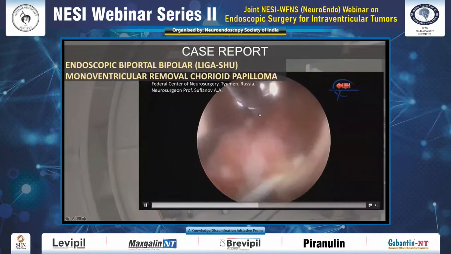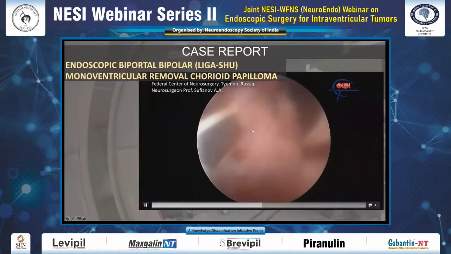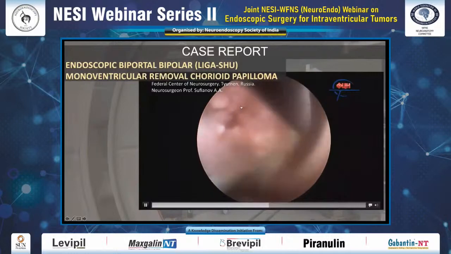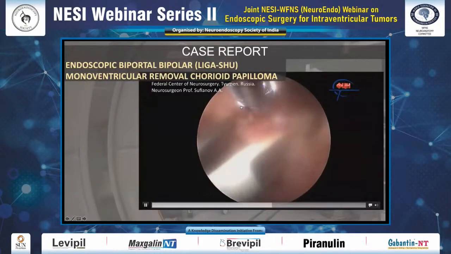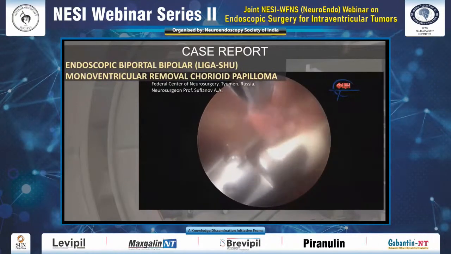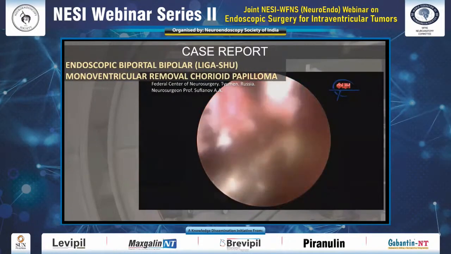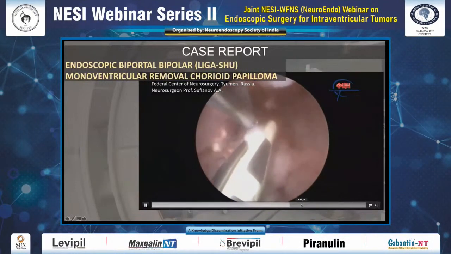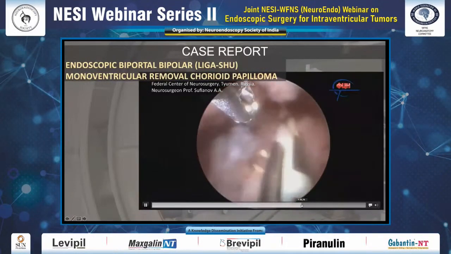This is biportal, bimanual work: ligature, forceps, bimanual work. Piece by piece, very safely, very quickly, and totally removed. I totally removed the tumor by this technique. You see bimanual work. Very, very important.